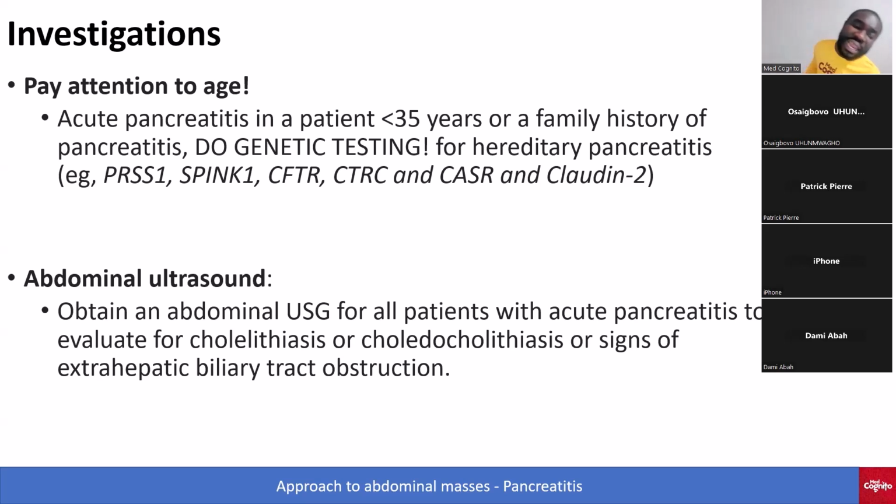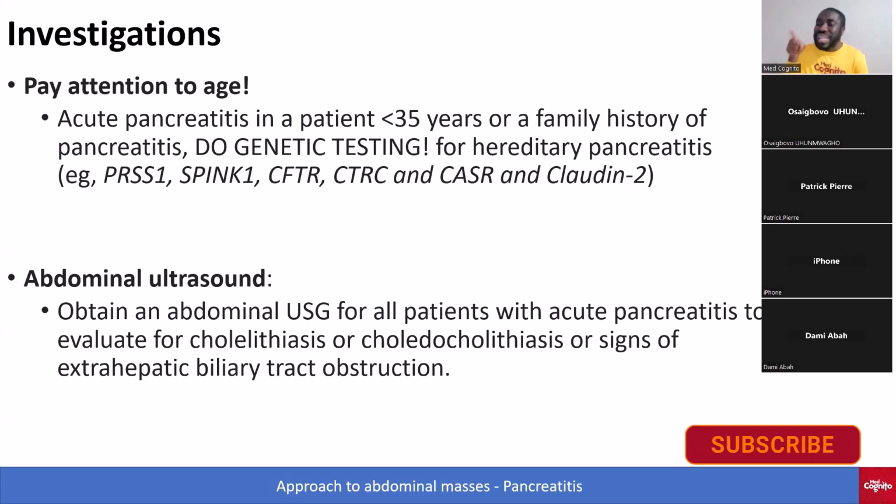And then you also want to do an abdominal ultrasound. That was what one doctor asked. It is because you obtain an abdominal ultrasound in all patients with acute pancreatitis to evaluate for cholelithiasis or choledocholithiasis or signs of extrahepatic biliary tract obstruction. So if you are doing the ultrasound in a patient with acute pancreatitis, it's not because you are looking at the pancreas.